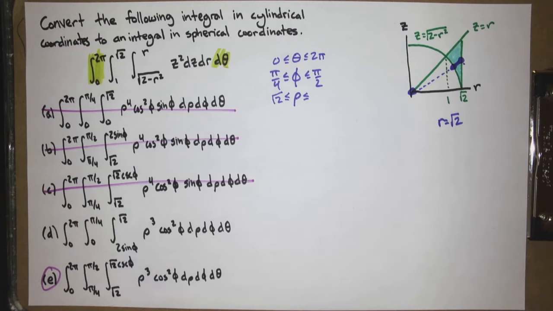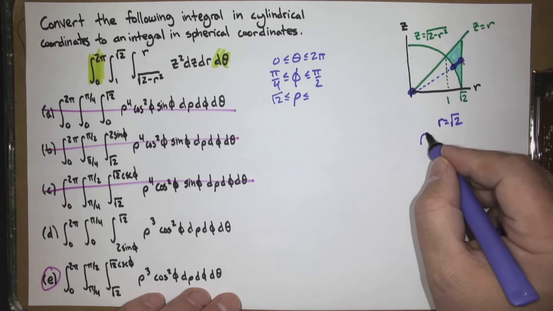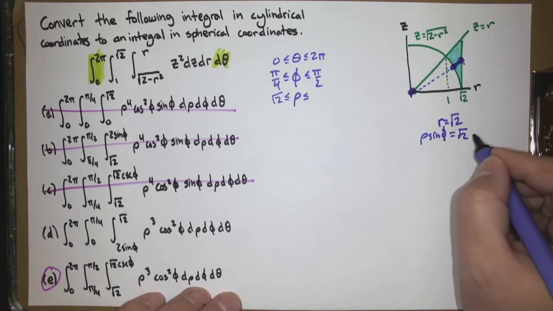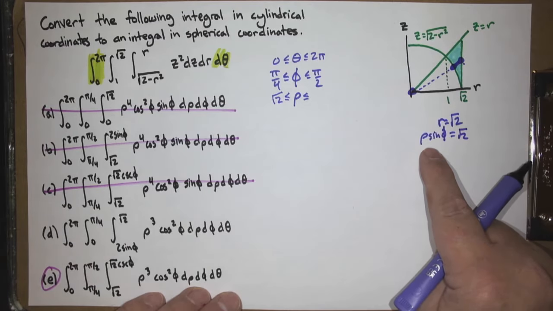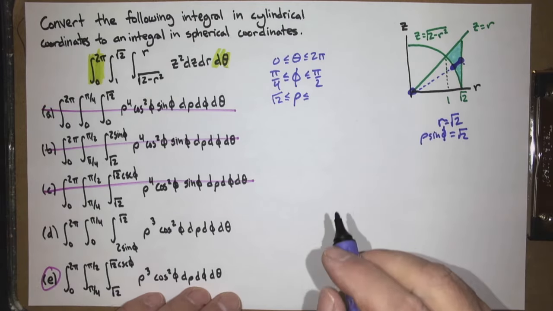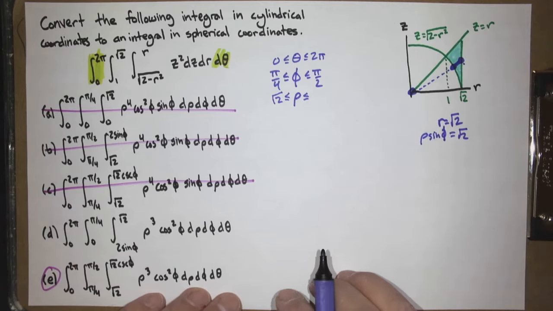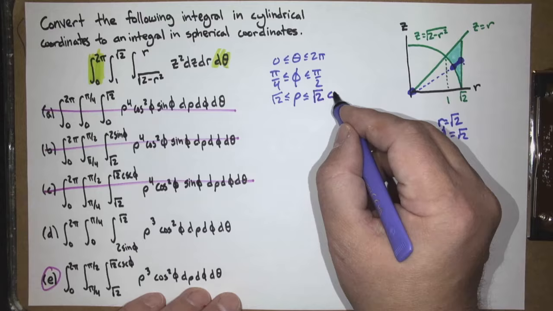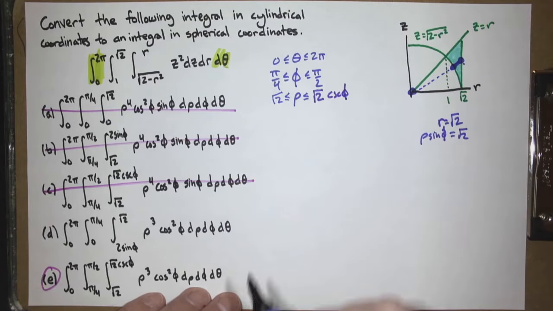What's the formula? Rho sine phi is r. Now, I want to get rho by itself. So you move the sine across, so you divide by sine. 1 over sine has another name, cosecant. So root 2 cosecant phi.